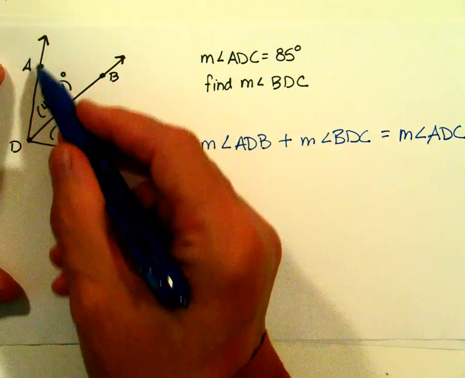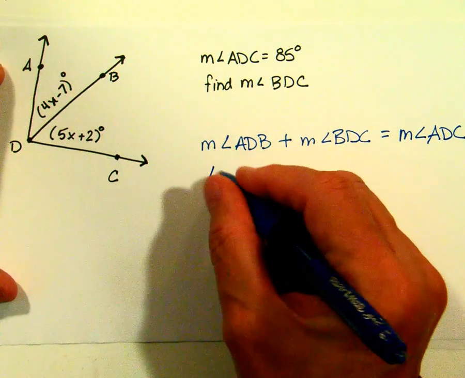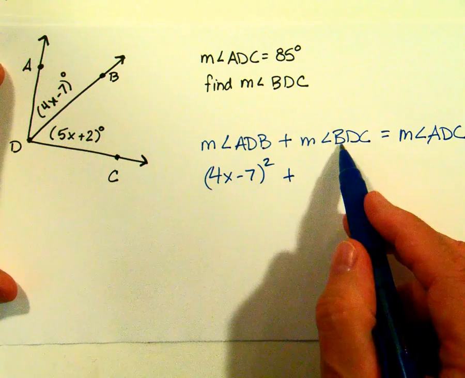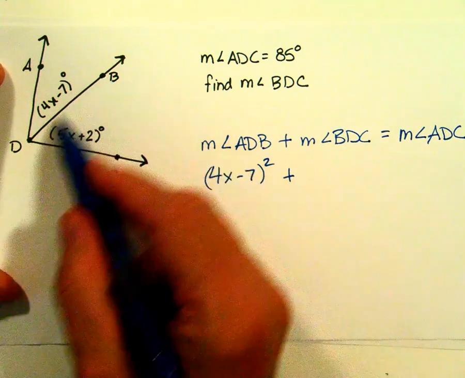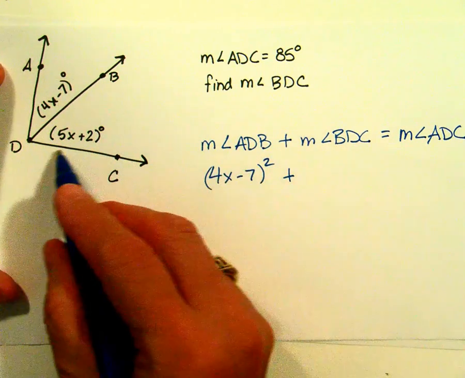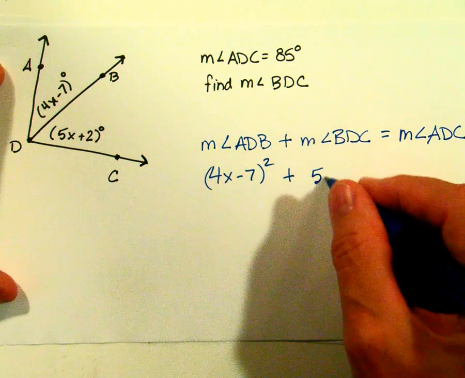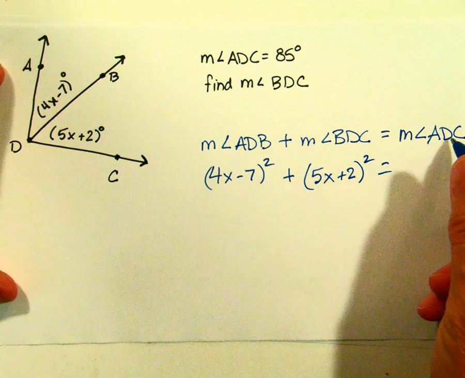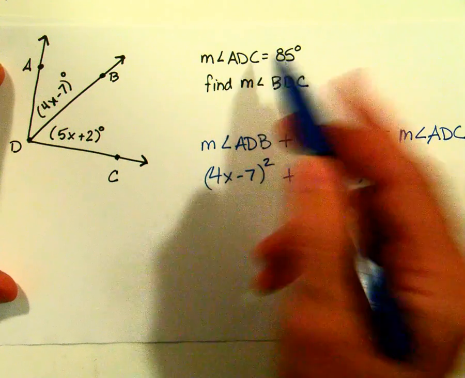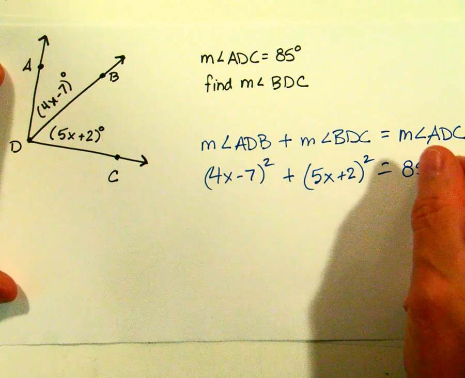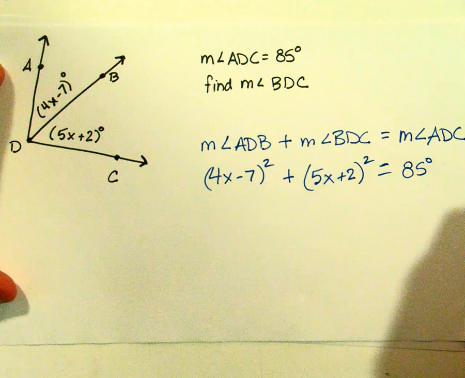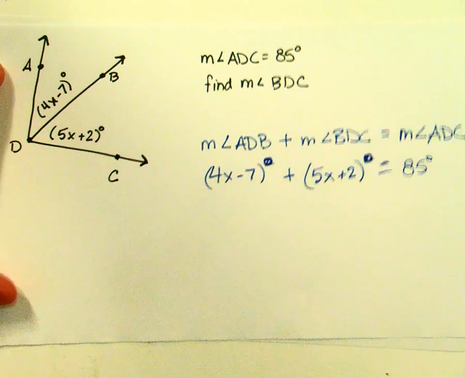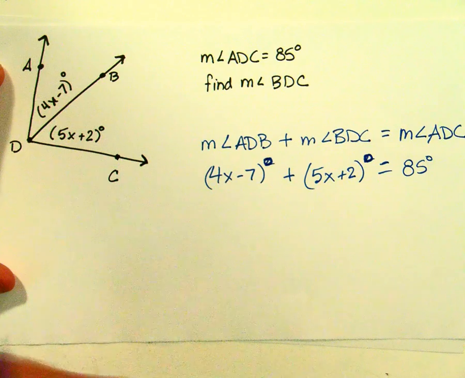ADB is 4x minus 7 degrees, plus BDC, 5x plus 2 degrees, equals ADC, which is in the directions, so that's 85 degrees.